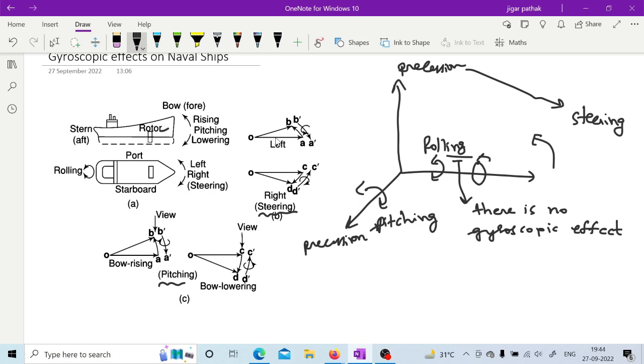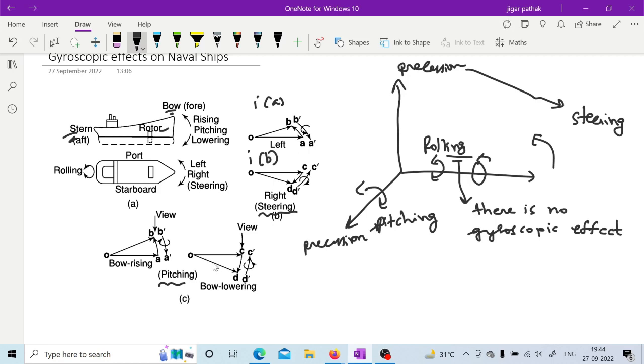Can anyone tell? In this 1A, it is similar to what we have discussed, viewing from the rear in clockwise direction and taking a left turn. What will happen to the bow and stern in this case? Bow will rise, stern will go down. Okay, correct. Similarly, in case of a right turn, the opposite will happen, right? Correct?